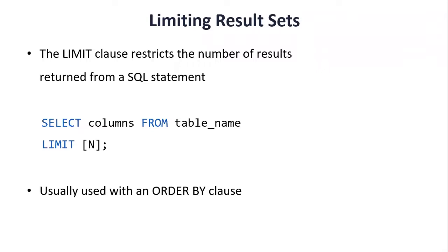For example, if we want to get only 5 results, we can say select columns from table name, limit 5. Then the SQL will only return 5 records matching whatever the select criteria. And usually we will use it with the order by clause.